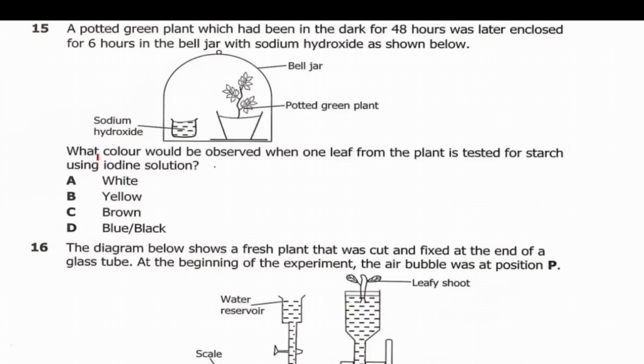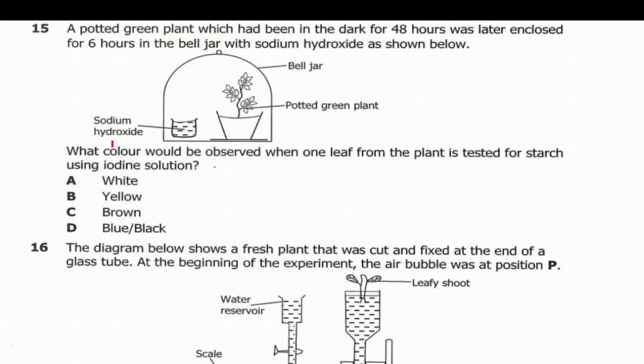So the question is, what color would be observed when one leaf from the plant is tested for starch using iodine solution? Since this plant was kept in darkness for 48 hours, we don't expect it to photosynthesize or manufacture glucose or rather starch.